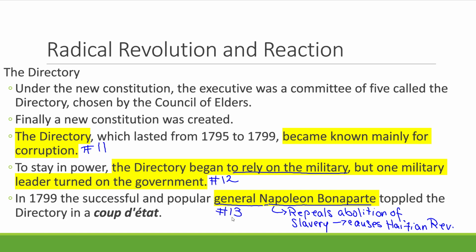But as you see here on the bottom, and I just wanted you to make those connections, he also repeals the abolition of slavery in the French colonies. Yep, that same general is going to repeal that, and again, that's a cause of the Haitian Revolution. Okay, so when we talk about the Haitian Revolution, remember all of these connections of what's happening.